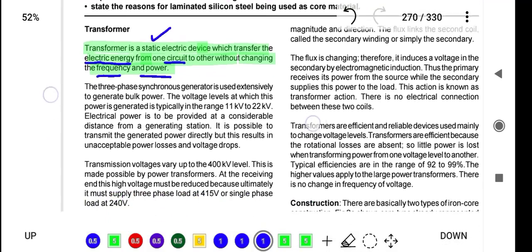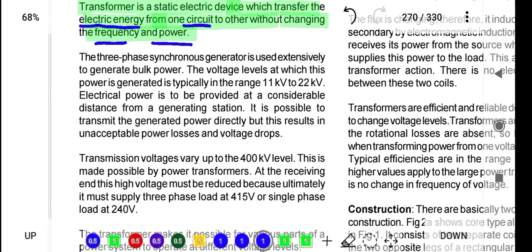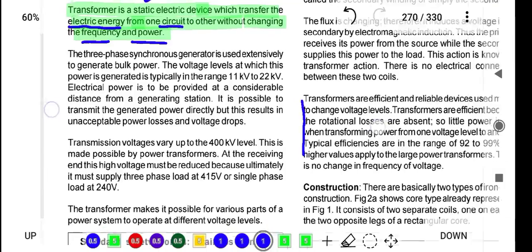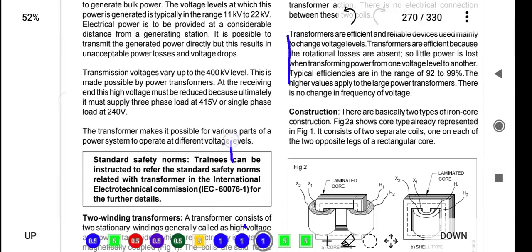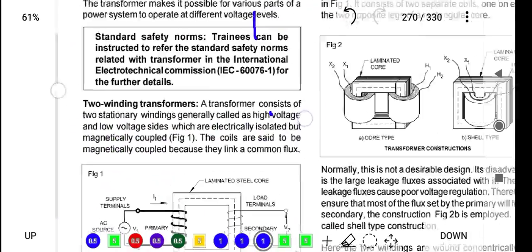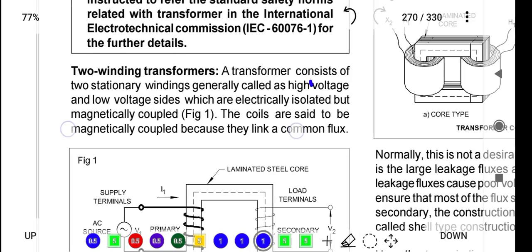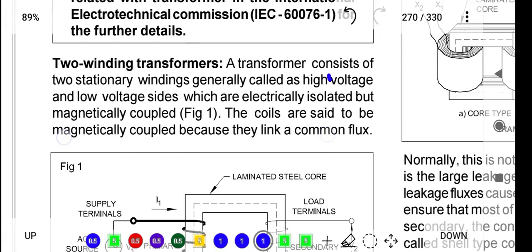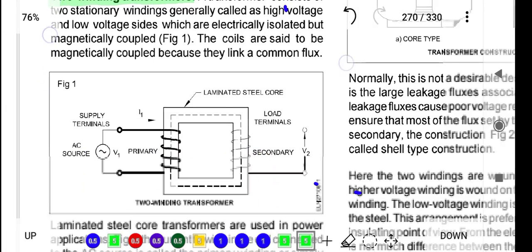If you come down, this is normal, this is not important. So this is the two winding transformer. This is important. In a two winding transformer, what do we have to learn?